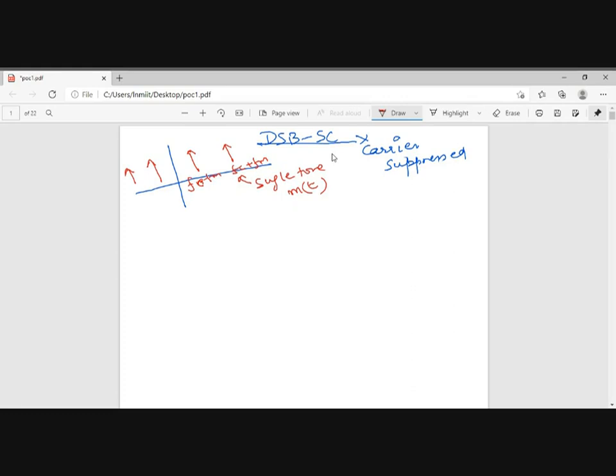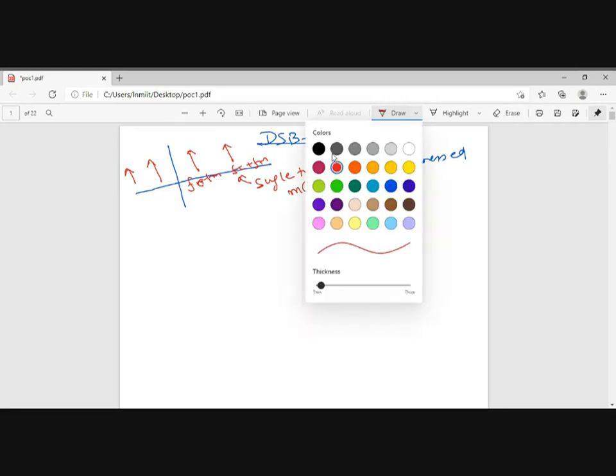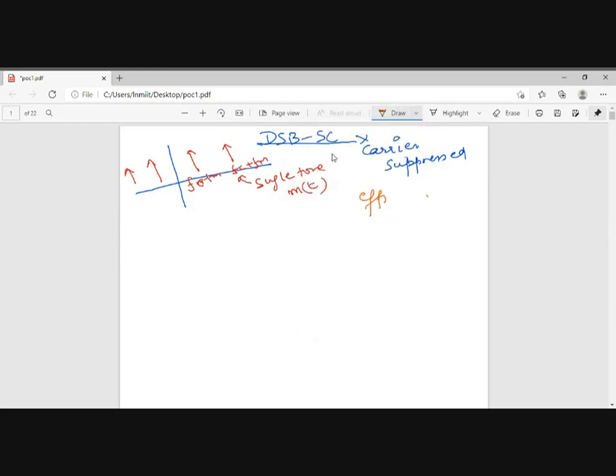We have seen that we have suppressed the carrier, and therefore we have moved to a more efficient system in terms of power. We are not talking about the bandwidth because the bandwidth remains the same, that is 2fm.